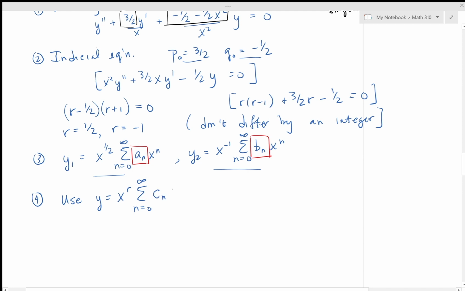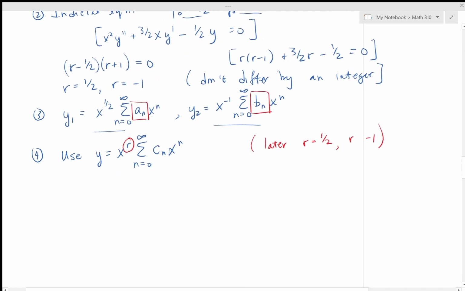I'm not going to specify whether this r is a half or minus 1, because a bunch of the work I can do unspecified, so I don't have to do it twice. Later, when I've done some of the work, I'll specify which one of the two I mean and complete the project.